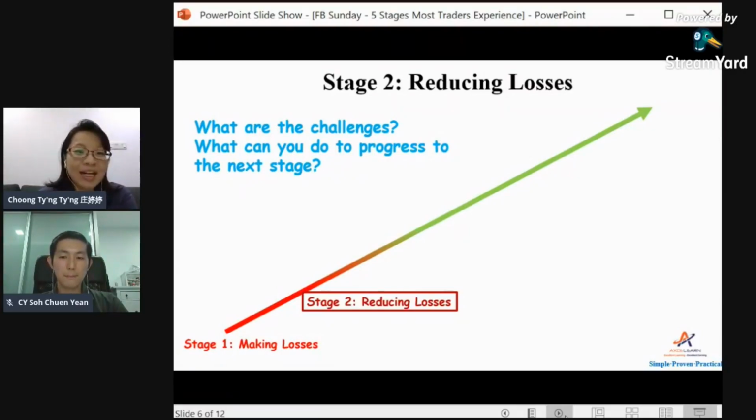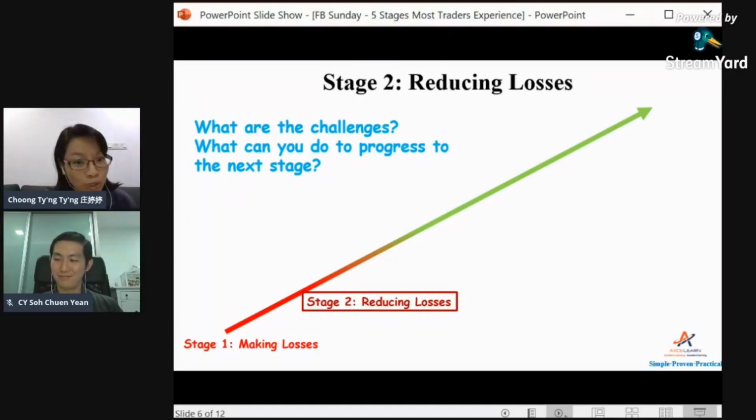Now, listen properly. Many of the traders get stuck at stage 1 and stage 2. You did not hear it wrongly. Many of them get stuck at stage 1 and stage 2, or else they tend to give up after stage 1 or after stage 2. That's the reason why sometimes you will start to hear from your friends that, hey, don't go to the stock market, don't go to the futures market.